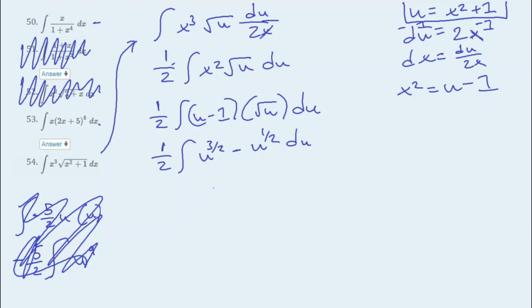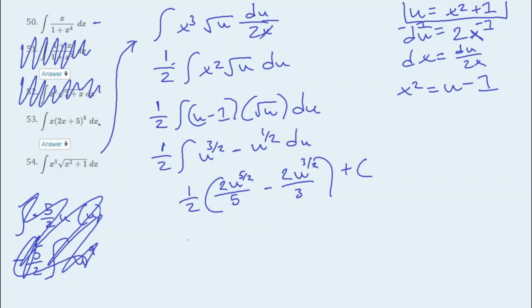And now we just find the antiderivative, so it's going to be 1/2 in parentheses u to the 5/2 power divided by 5/2, which would be multiplied by 2/5, minus u to the 3/2 power divided by 3/2, which is going to be multiplied by 2/3, and plus c. And now finally all we need to do is simplify everything, multiply it out, and plug in for u, which is going to be x squared plus 1.